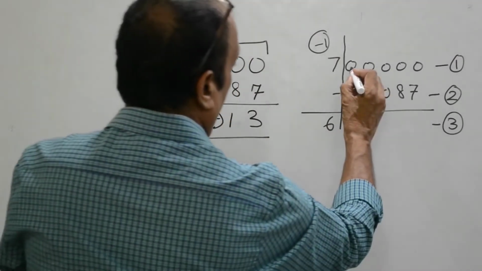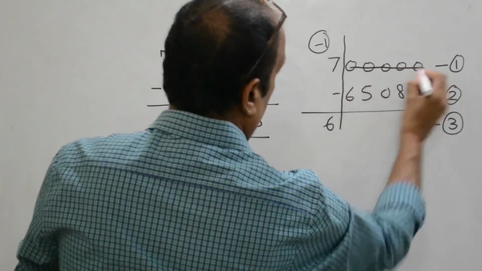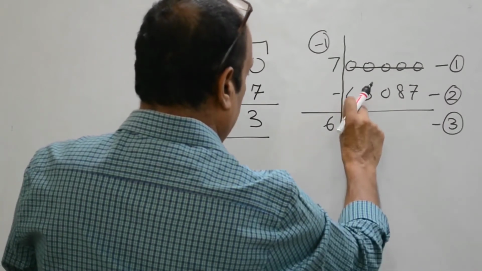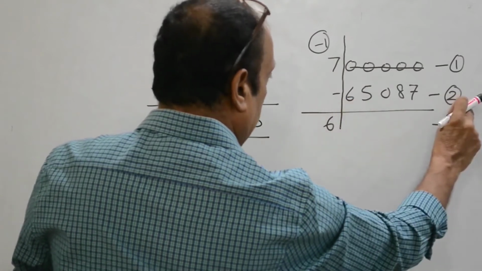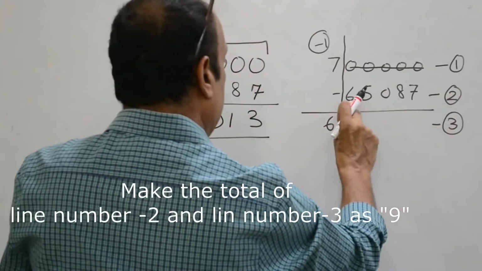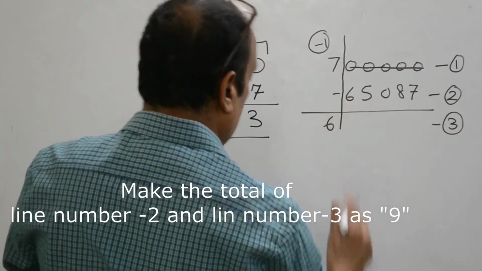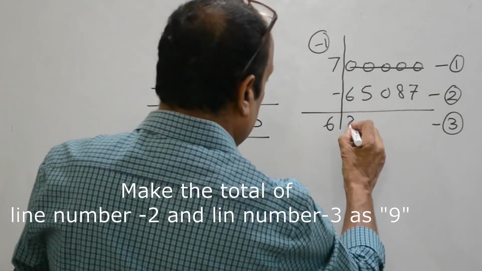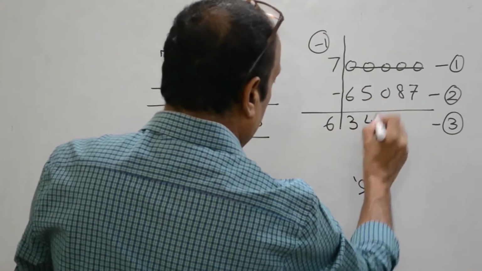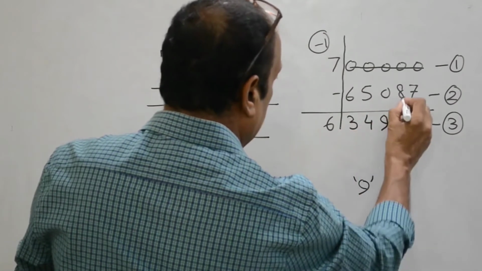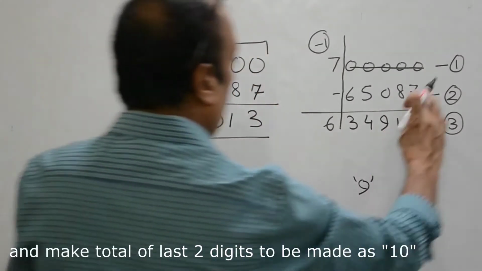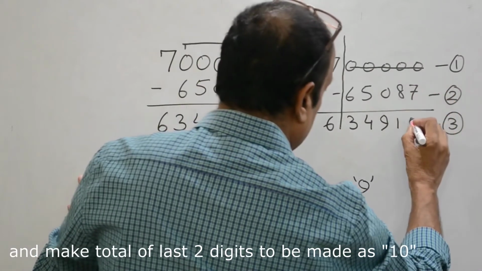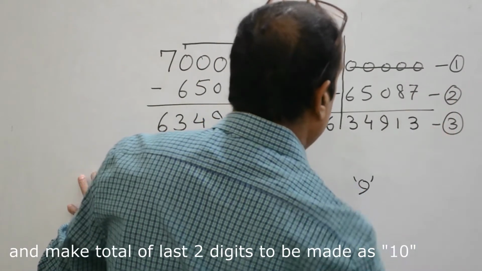Now forget all these zeros. We have to make the total of the digits on line number 2 and line number 3 to be 9. So 6 and 3 is 9, 5 and 4 is 9, 0 and 9 is 9, 8 and 1 is 9, and the total of the last two digits is to be made 10. 7 and 3 is 10.